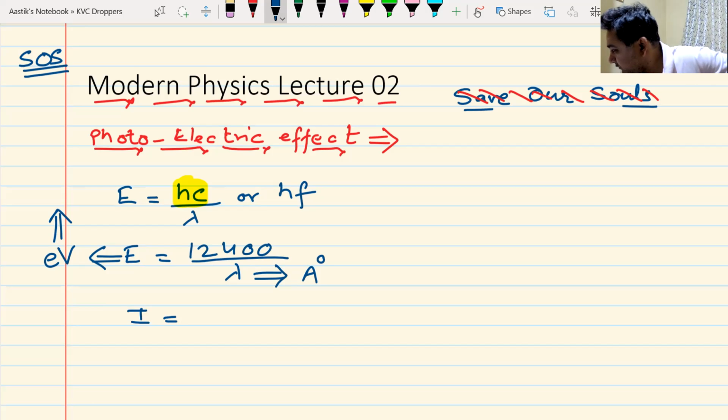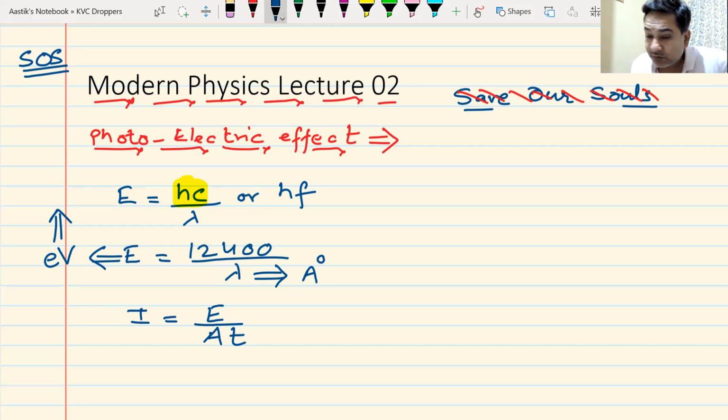E by At. Energy falling per unit area per unit time. We recollect this, yes or no? Yes, sir. Good. Energy divided by time becomes power. So this is power divided by area, power per unit area, right?